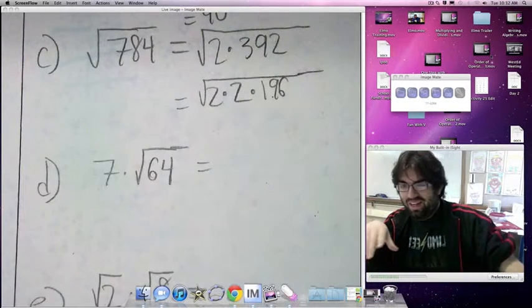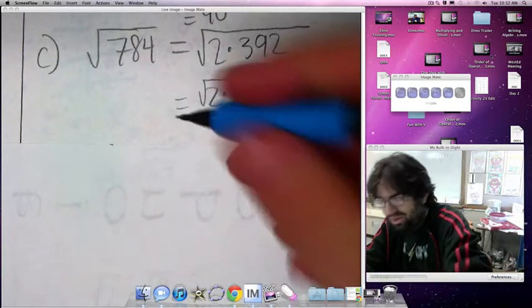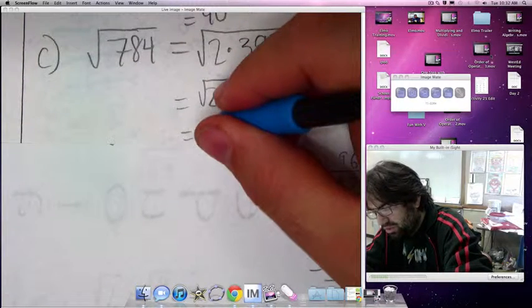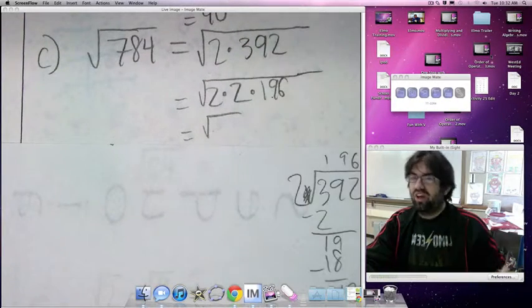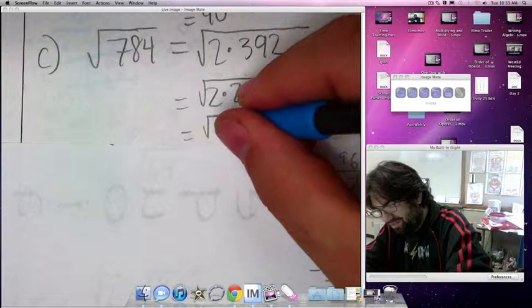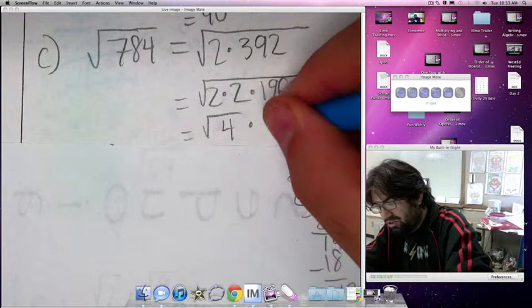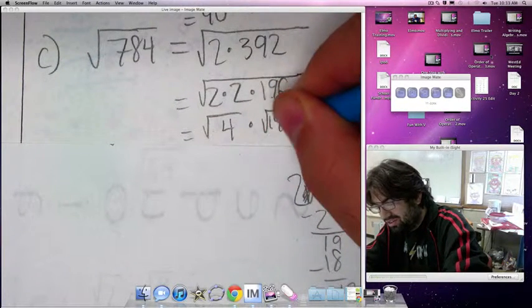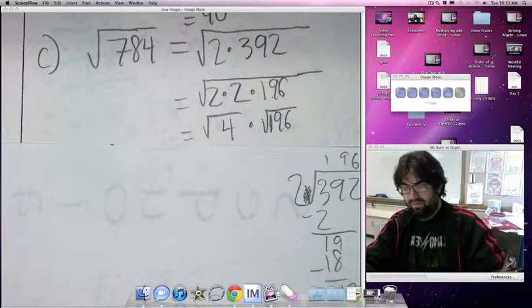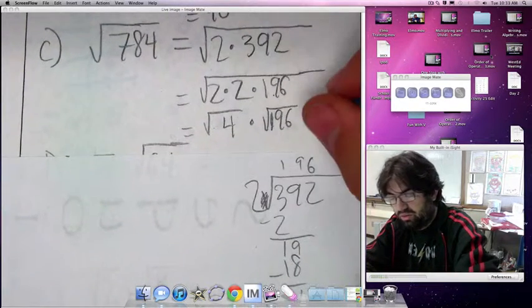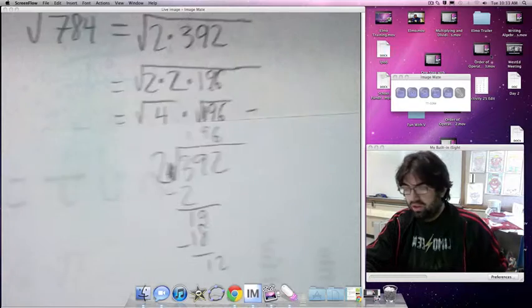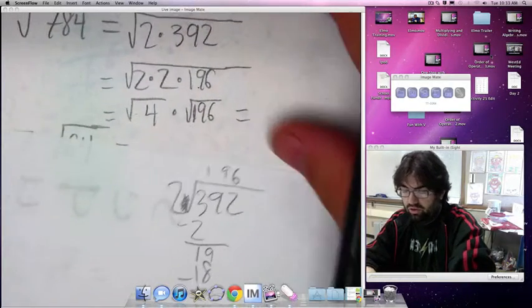Take a moment. We know what the square root of 196 is, don't we? We know that this is going to be equal to the square root of, 2 times 2 is really 4, times the square root of 196. I am out of room down there, so I'm going to just do this. Well, the square root of 4 is 2.